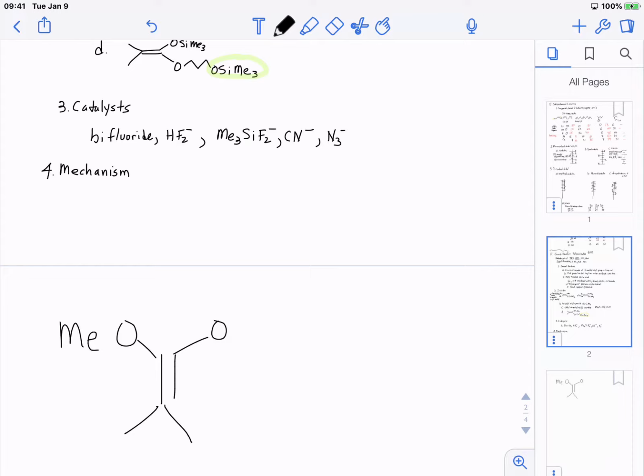So this coordinates to the silicon, and this silicon, for example, can have a nucleophile and some other methyls.